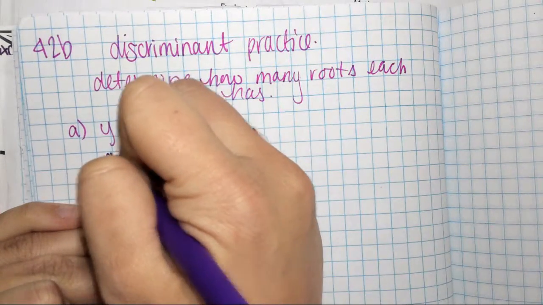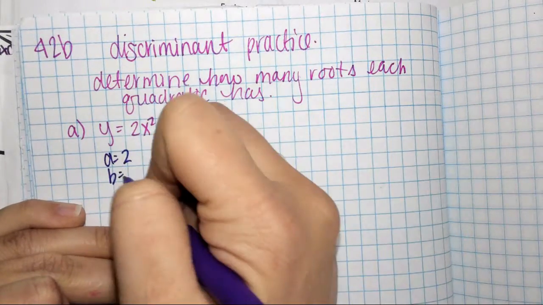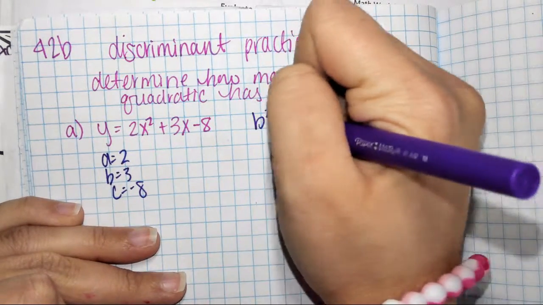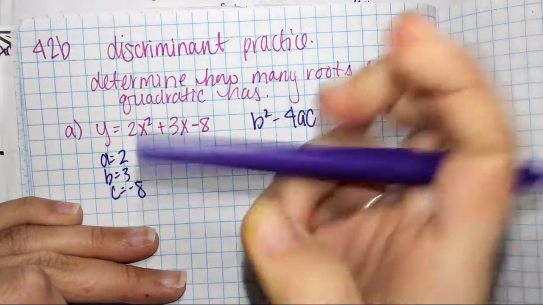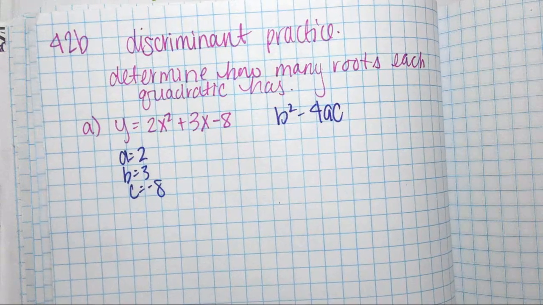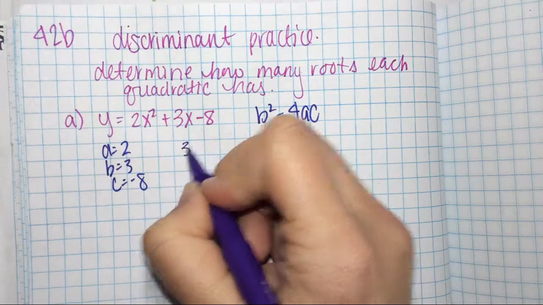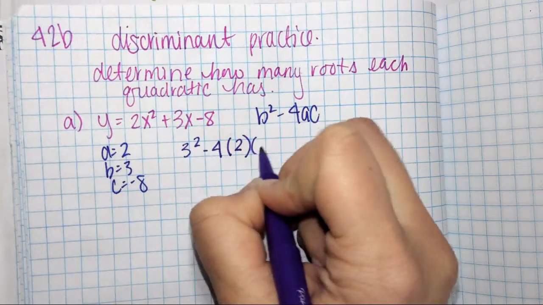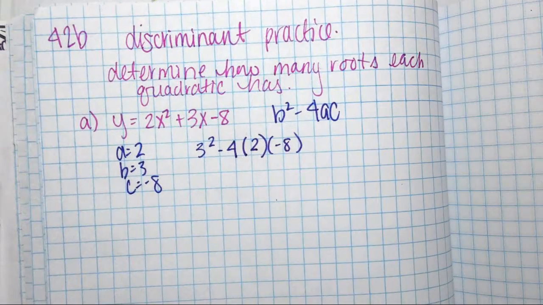All right, what is A? 2. What is B? 3. And what is C? Okay, and we're plugging it into b squared minus 4ac because we're using the discriminant, right? Yes. Okay, so then we say 3 squared minus 4 times 2 times negative 8.